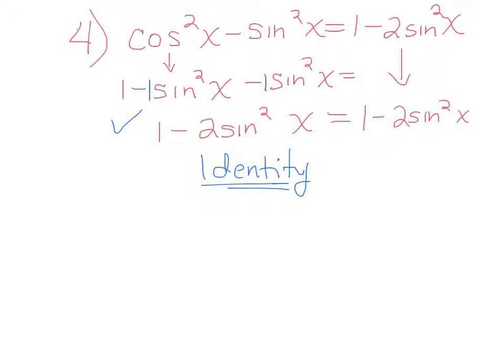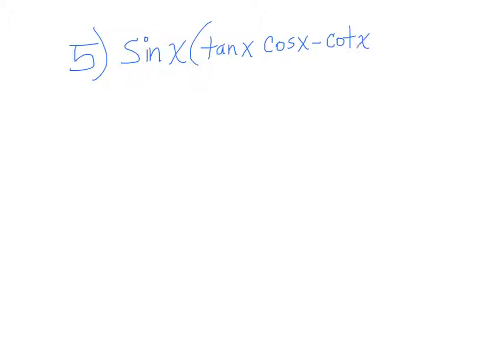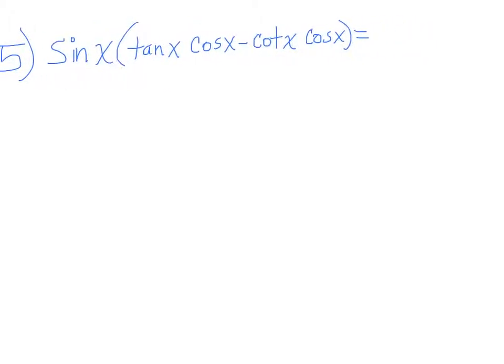Now let's go ahead and move on to number 5. In problem number 5, it's sine of x times tangent of x, and this is cosine of x minus cotangent of x, cosine of x, equals, let me just, this is so long, let me just move it this way.